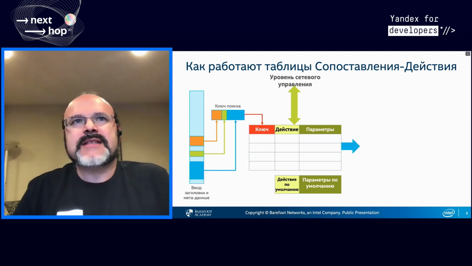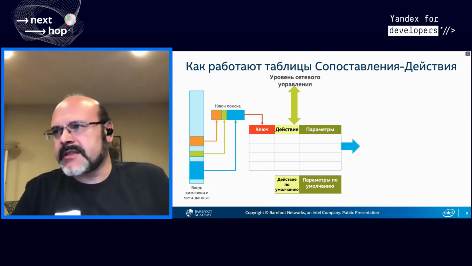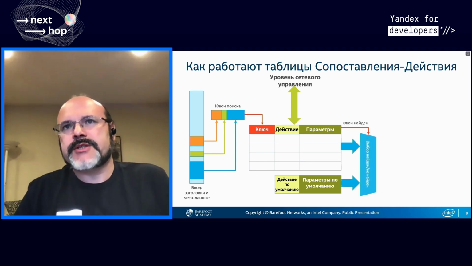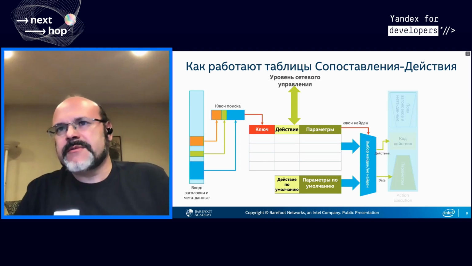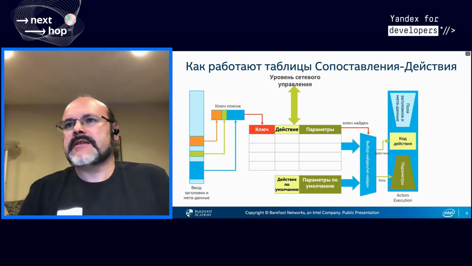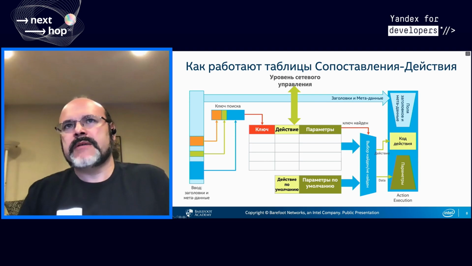And we have 2 types of an answer. Either we have found this answer in the table or we haven't. And if we haven't, then we use the default action and parameters. And then there is a small multiplexer which chooses between the 2 possibilities. And then it goes to the action execution block, where we do those additional actions.